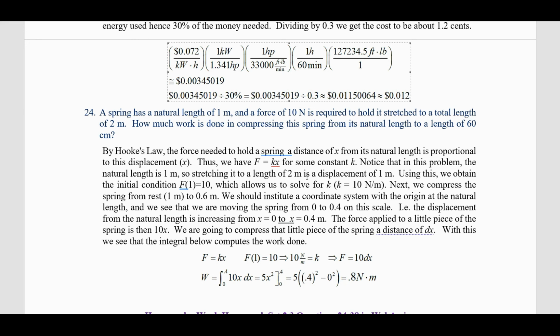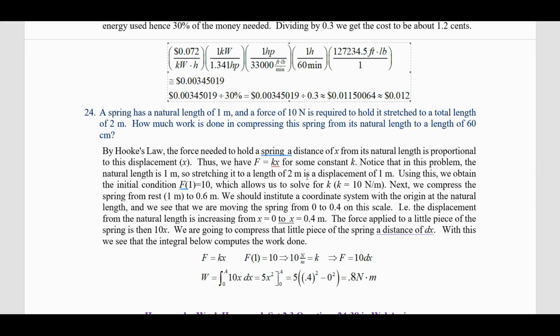k times x is 10, but x is 1. So k is 10 newtons per meter. Notice k does have units. Next we compress the spring from rest to 0.6 meters. Once we find k, it's constant. It's not going to change for this particular spring.